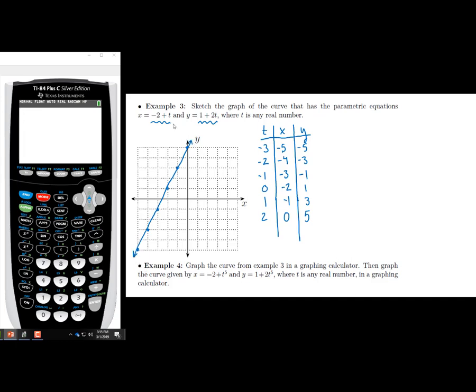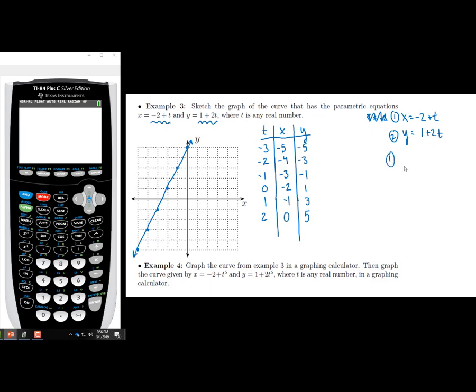All right, so let's go ahead and eliminate the parameter here. So I have x equals -2 plus t, and I have y is equal to 1 plus 2t.